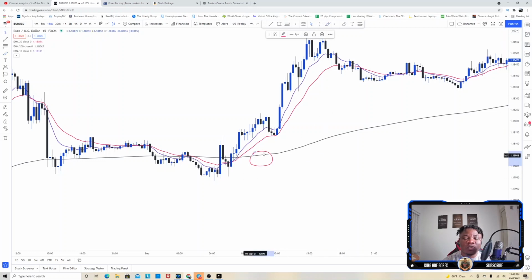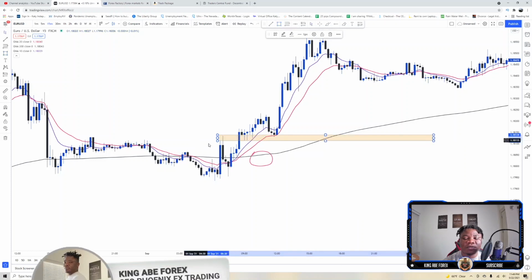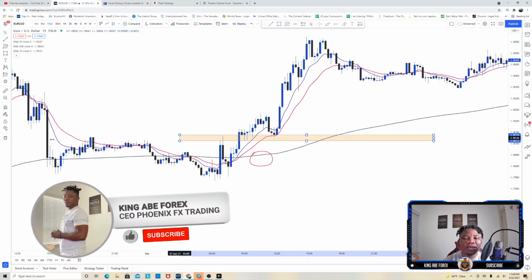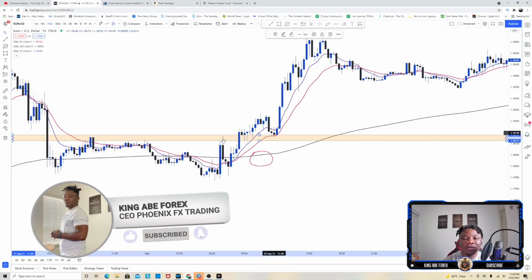What we're waiting for now is that we also have to have price above the 10 and 20 EMA. But before we get in the trade, we need to identify our resistance zone. And as we can see, we know for sure we have a resistance zone right over here.